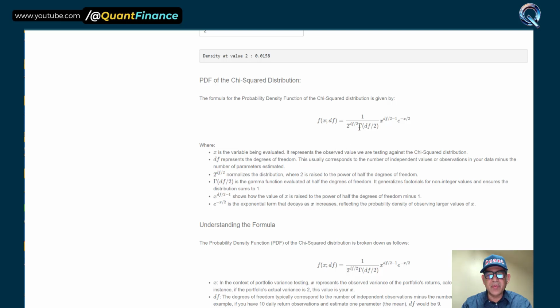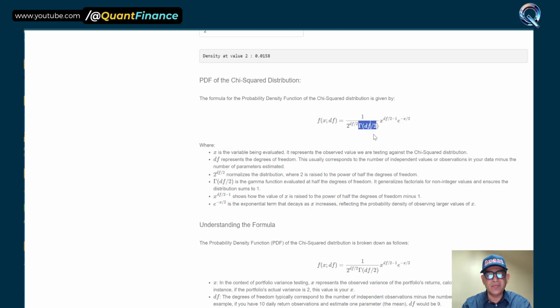And this second part is the gamma function evaluated at half of the degrees of freedom. It generalizes the factorial to non-integer values and ensures that the distribution sums to 1. So this is used for that.